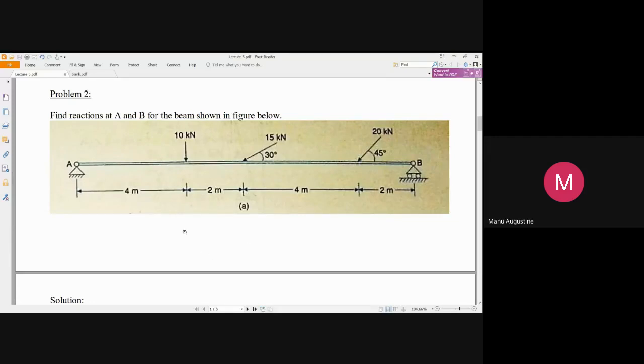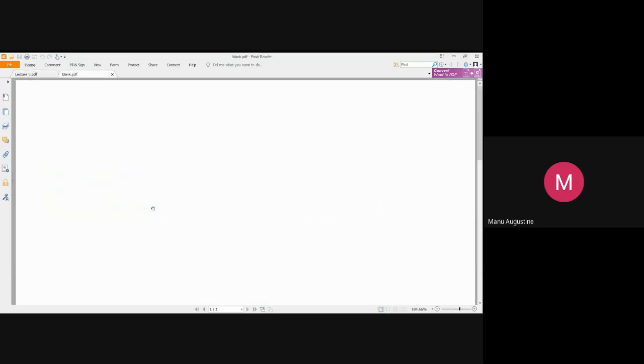Okay, now in today's lecture, we will be continuing from the previous lecture's topics, which were mainly the concept of equilibrium.